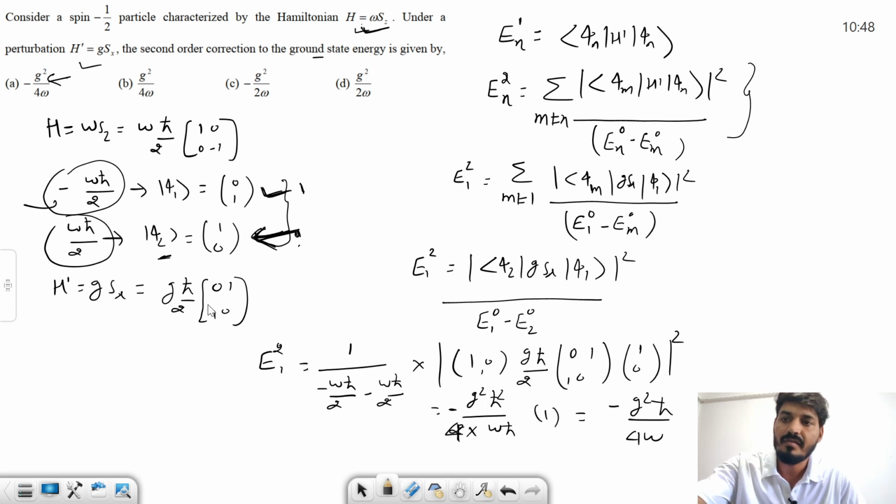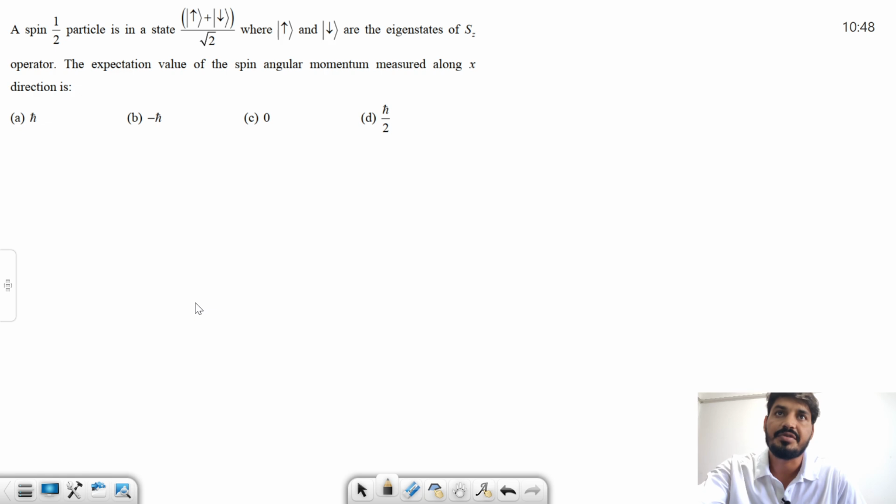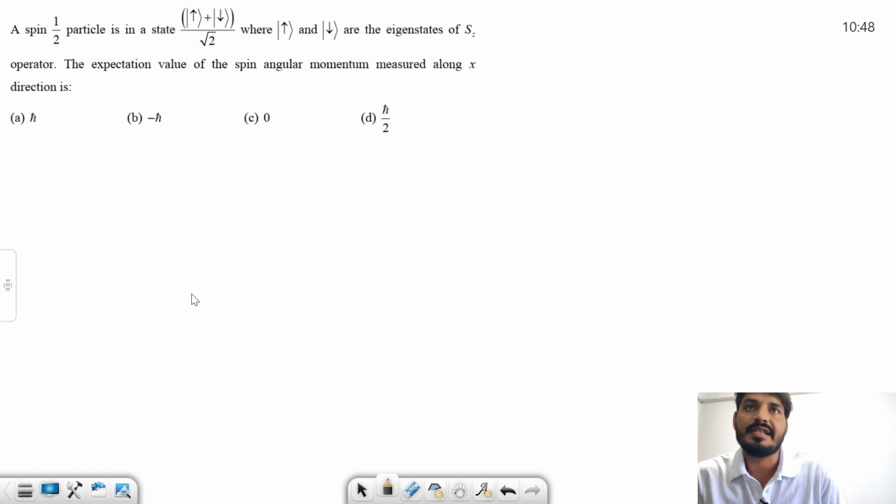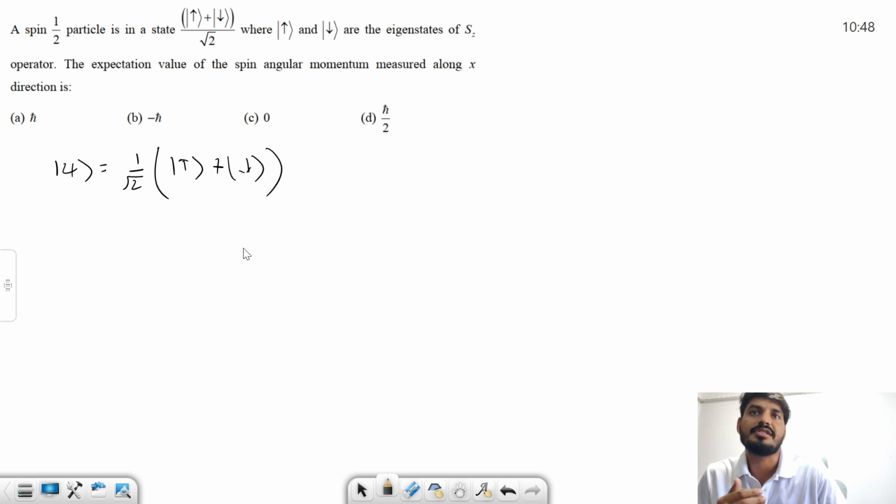Fine. Okay, see the next question. This one is a very simple and straightforward question, that is a spin half particle in this particular state. What is given is that it is a spin half particle and the state is 1 by root 2 up state plus down state.